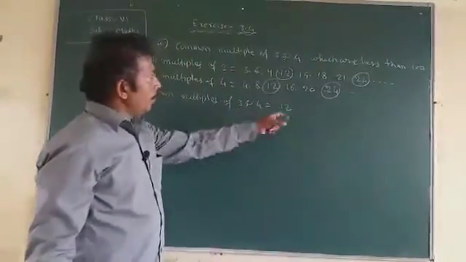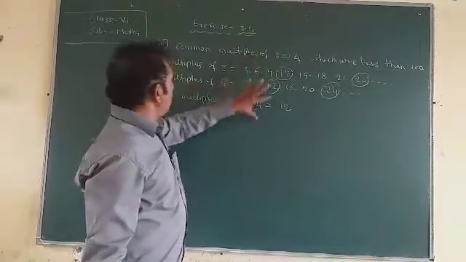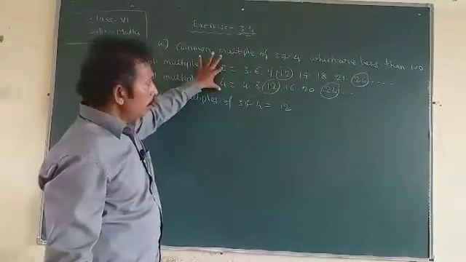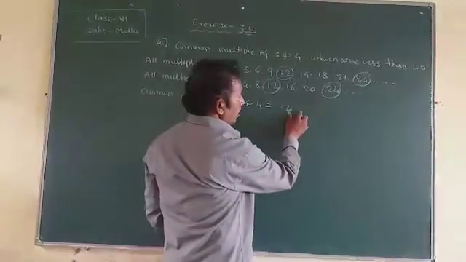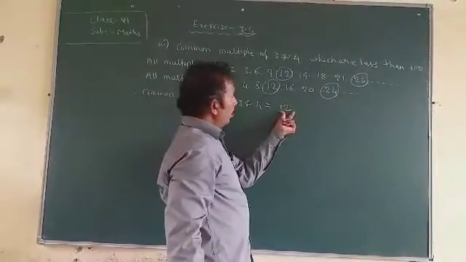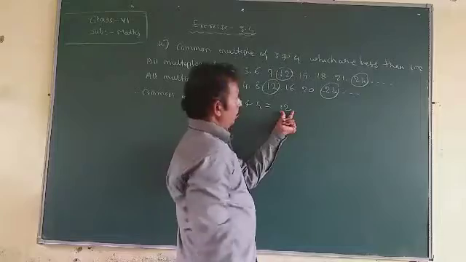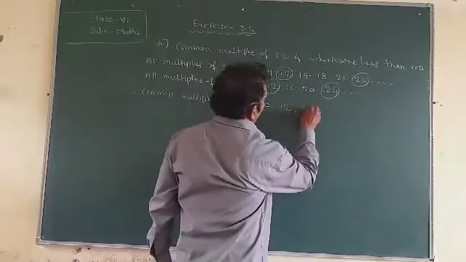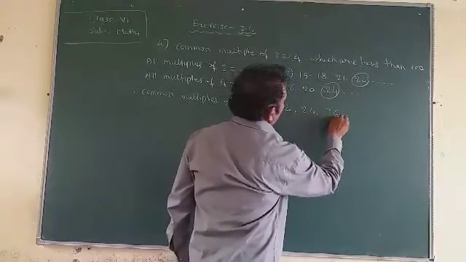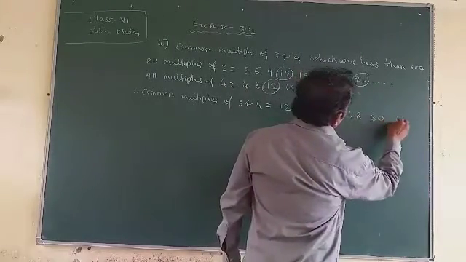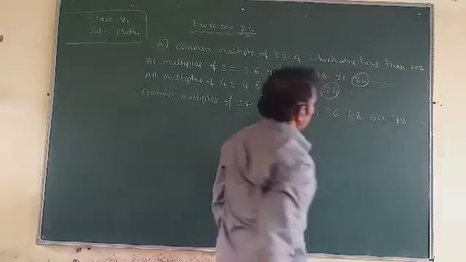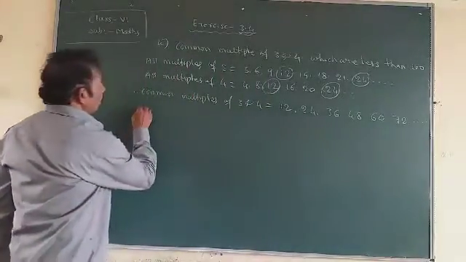When we get the first common multiple of 3 and 4 as 12, then write the table of 12: 12, 24, 36, 48, 60, 72, etc.